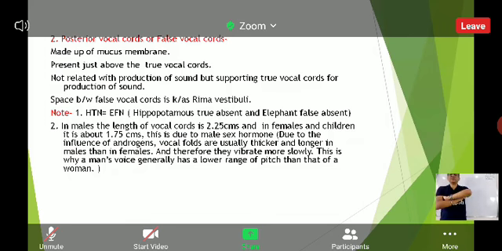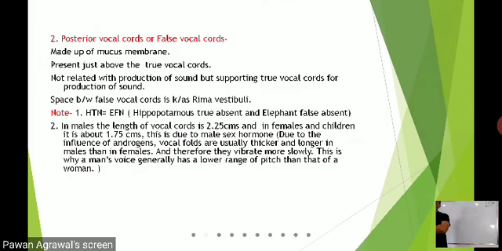Then we have discussed one very important point: the length and thickness of the vocal cords. The length of the vocal cords in males is 2.25 centimeters, whereas in females it is 1.75 centimeters. This is due to the effect of the sex hormone androgen, known as testosterone.